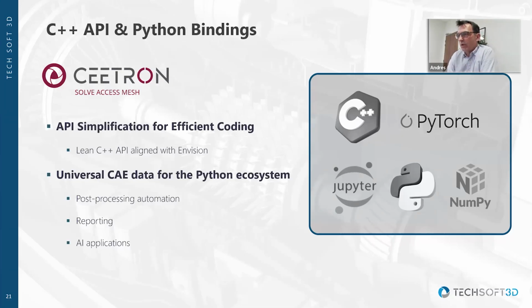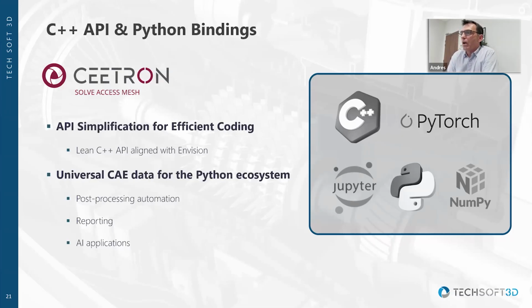So core development will still be in C, but new users, or users who wish to upgrade, will be able to make use of a lean C++ API in the way of Envision. Another idea behind the lines is to start opening up CEETRON Access, which is really the reference SDK for CAE data access. Open it up to other use cases, other markets, I was going to say, but other workflows.